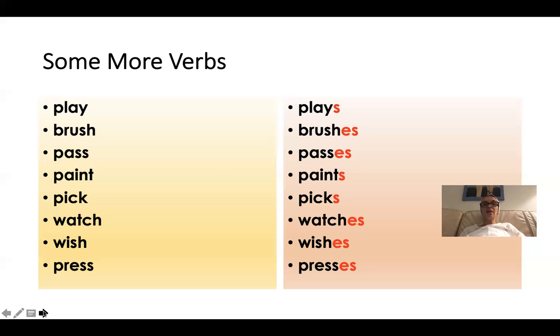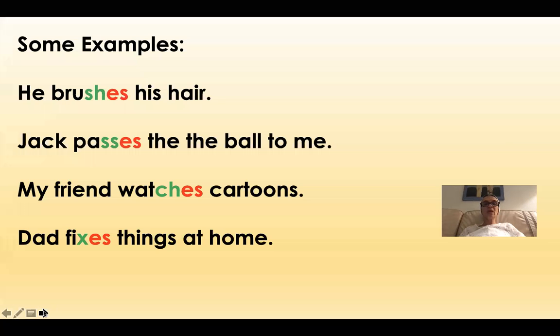Okay, let's move on to the next slide. Some more examples. Now I color coded a little bit for you to realize. He brushes his hair. I added es because brush ends with sh and he is only one person. Jack passes the ball to me.